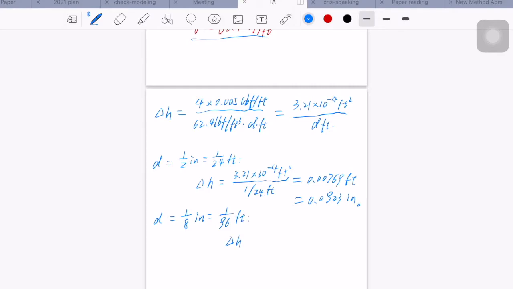And when d equals 1 over 8 inch, which equals 1 over 96 feet, delta H equals 0.0308 feet, which equals 0.369 inch.